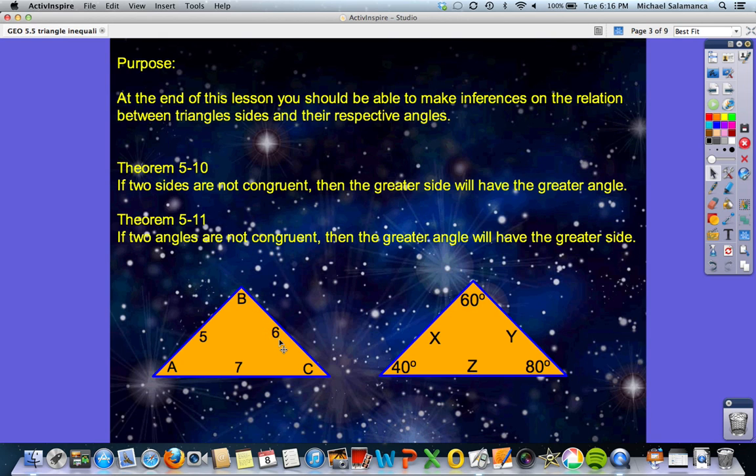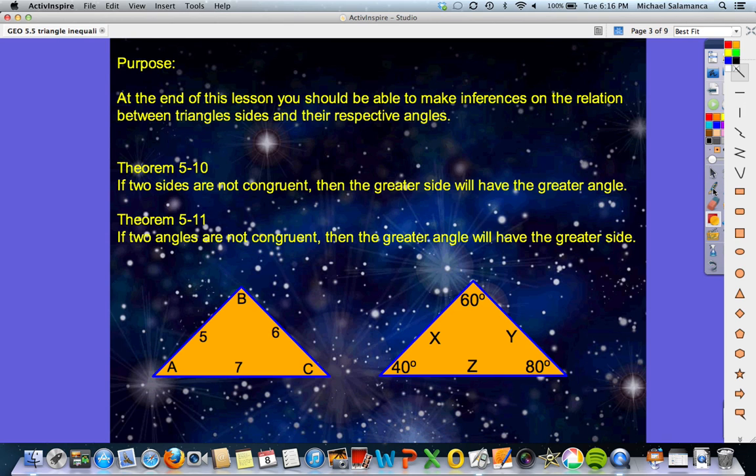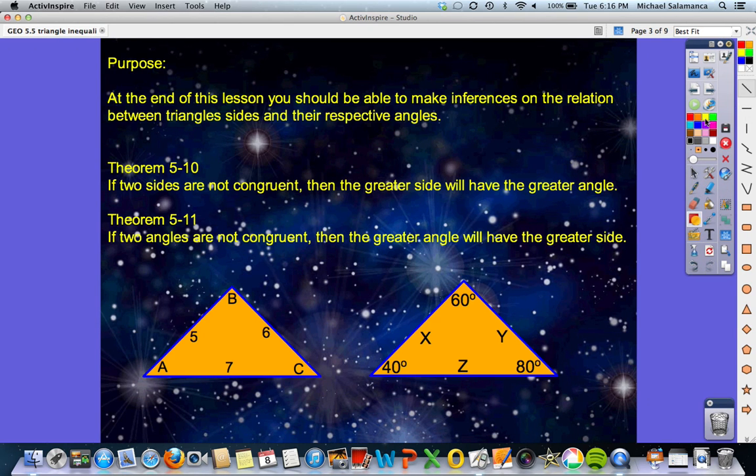So since 6 is greater than 5, then the angle opposite that, as noted by these little lines that I'm drawing, the side opposite angle A is 6, and the side opposite angle C is 5. So if 6 is greater than 5, then their corresponding angle is going to be greater than the other one. So angle A is greater than angle C.